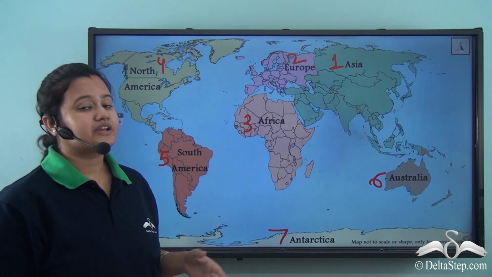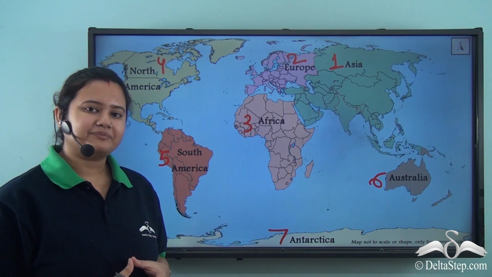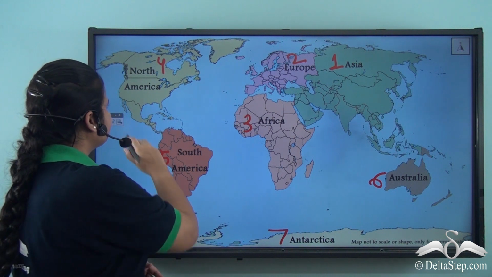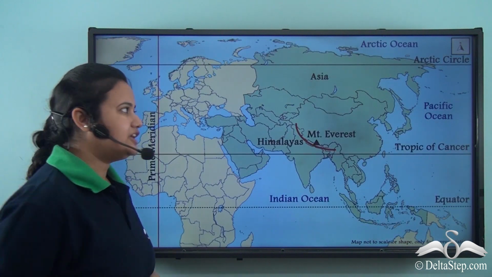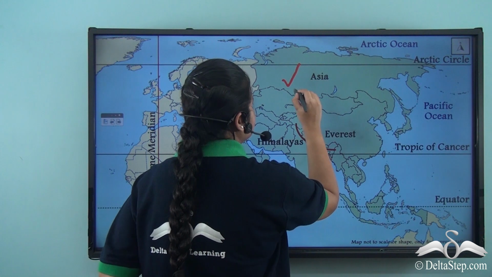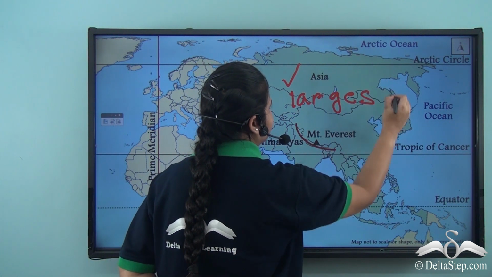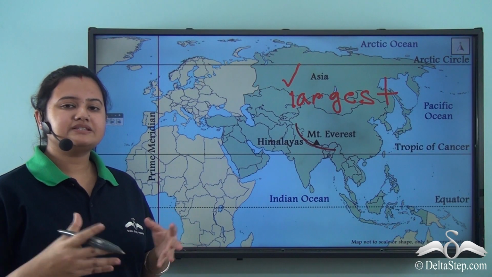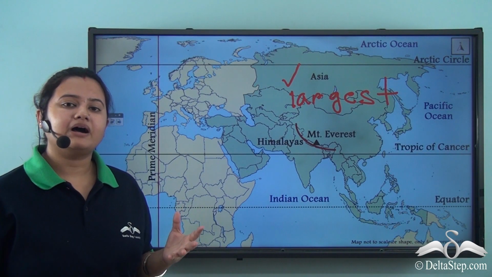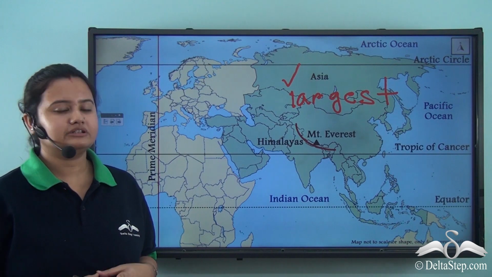Now, among these, can you point out the largest one? Well, Asia is the largest continent. It comprises the maximum part of the land surface of the Earth.